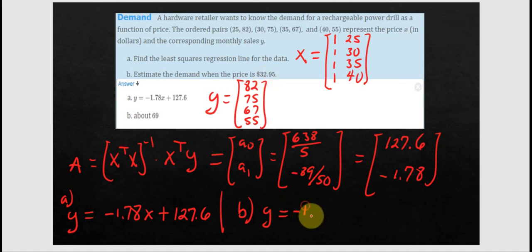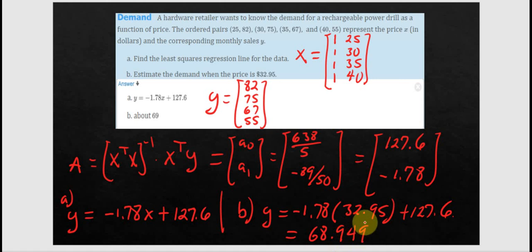So this is negative 1.78 times 32.95, and then that's plus 127.6, and that gave me this value for y to be 68.949.